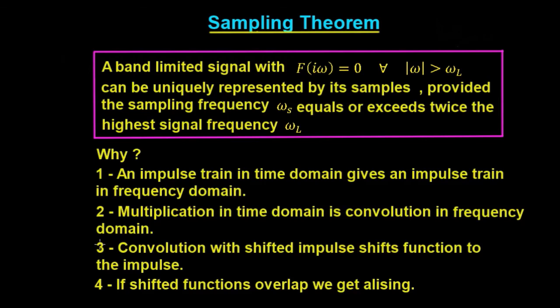And thirdly, if we were to convolve a function in the frequency domain with a set of shifted impulses, it's equivalent to taking the function and centering them at the impulses. And finally, if this shifted function was to overlap, then we would get aliasing. We can prevent this aliasing by following the sampling theorem.